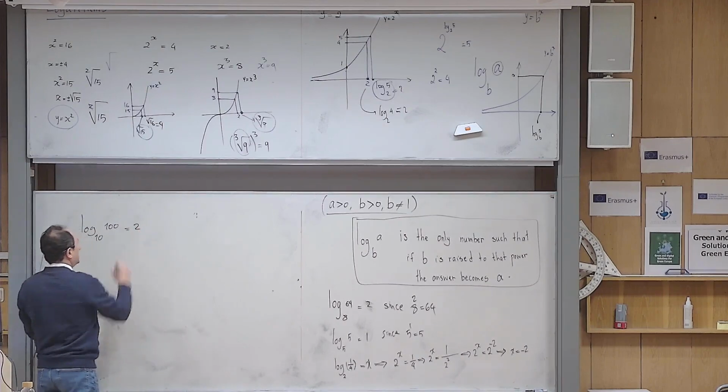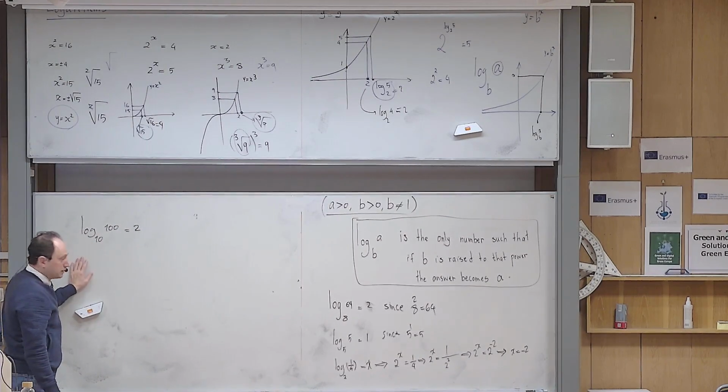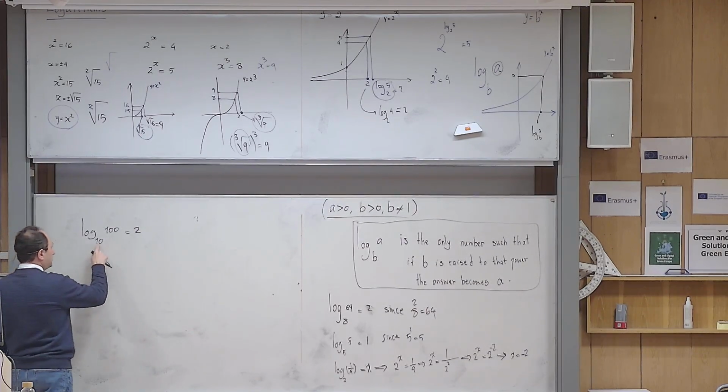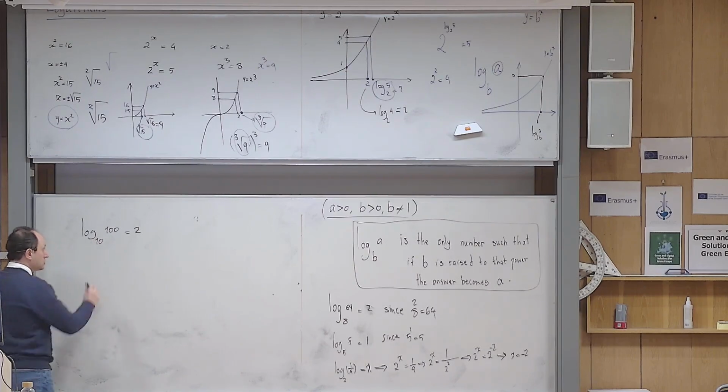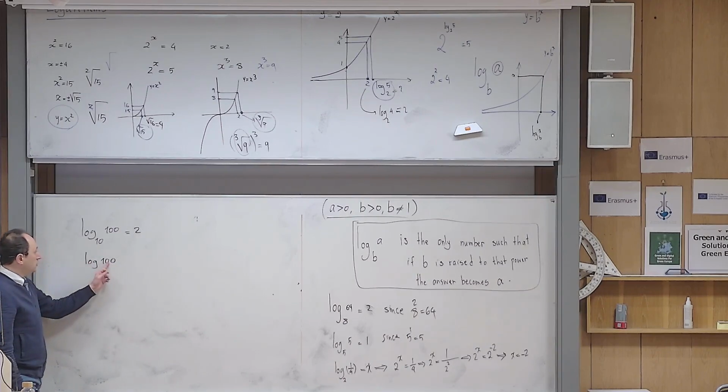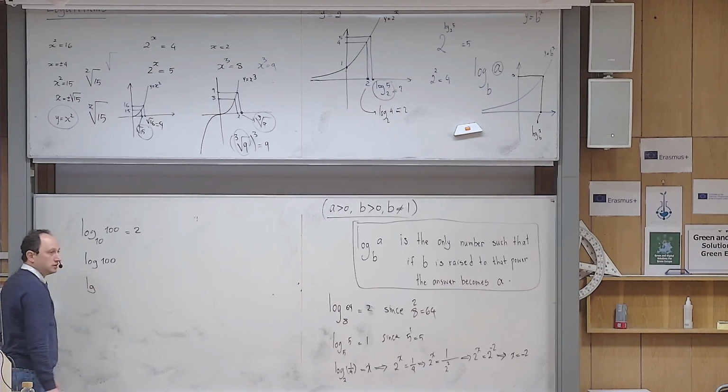2. This is a convention like the third sign. If I write the third without this number on top, it is always 2. And this is very common that if you don't see this 10, if the base is 10, you don't write it down. So you just simply write log of 100. When you see log of 100 and this number below is not written, you have to assume that this is 10. Okay? And in Swedish book, for a strange reason, they show it with LG.